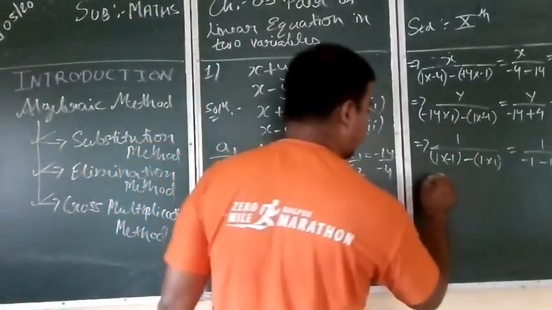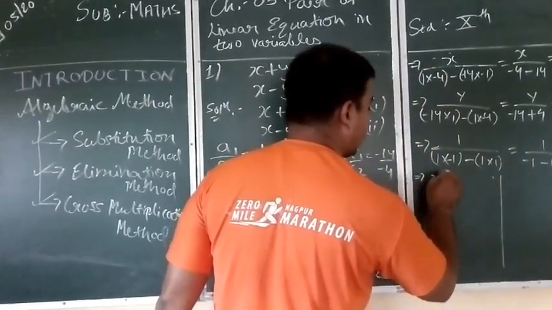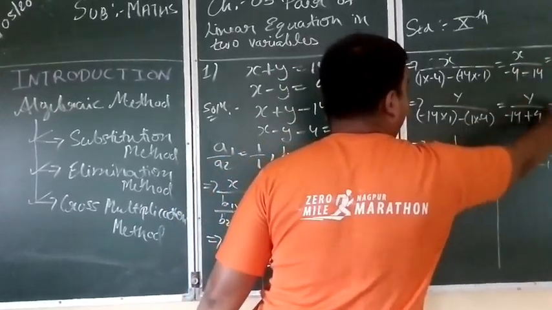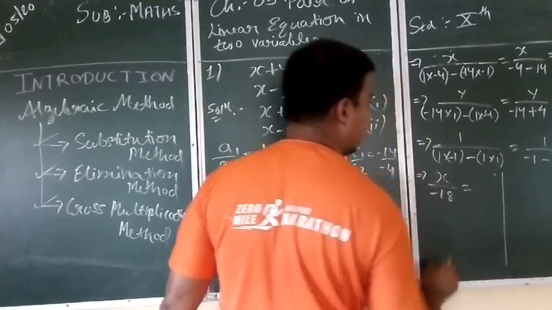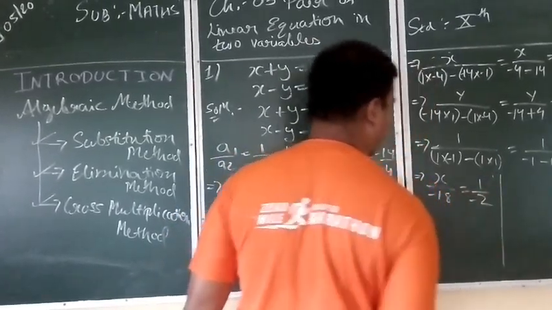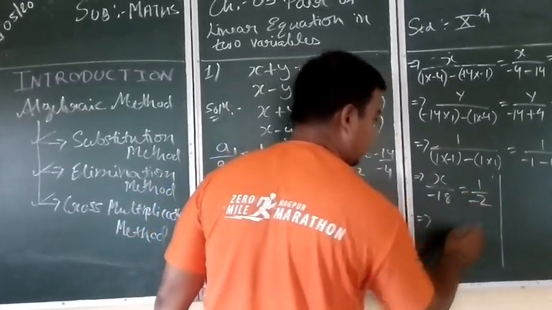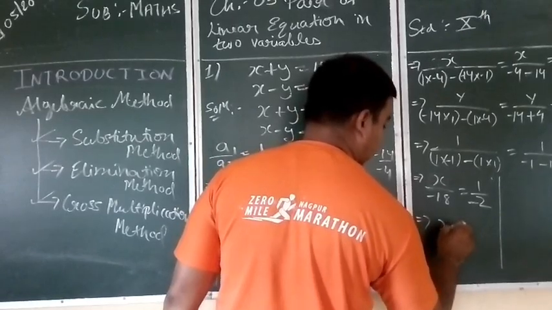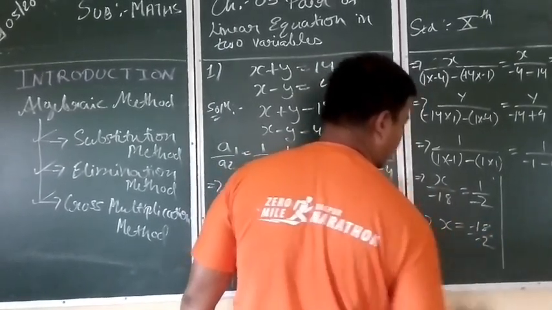Now suppose we find the value of x. You take these two ratios: x by minus 18 is equal to 1 by minus 2. Cross multiplication again. So x equal to minus 18 divided by minus 2.